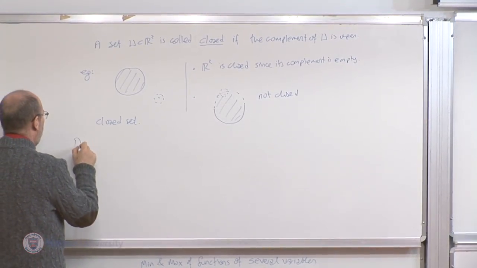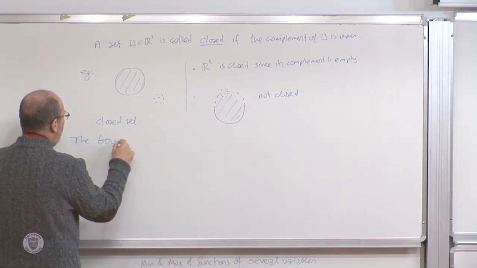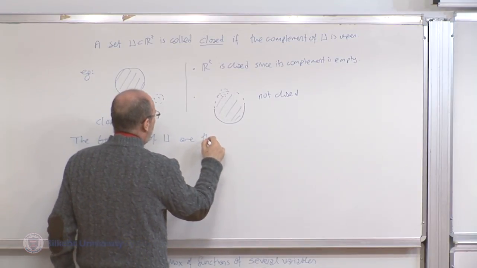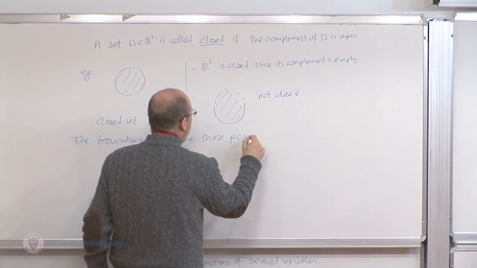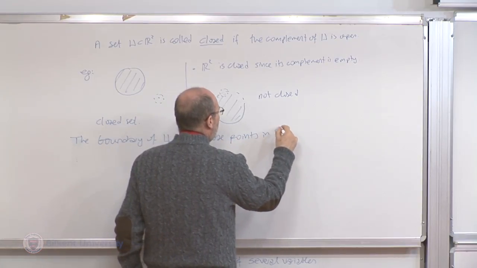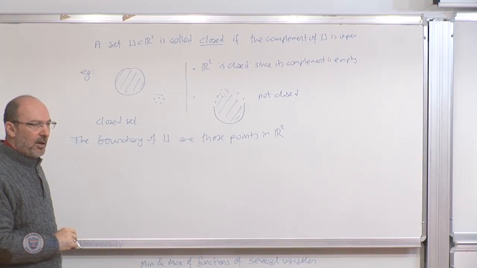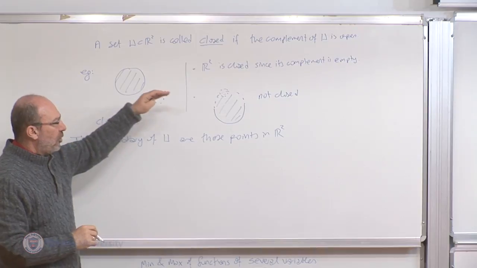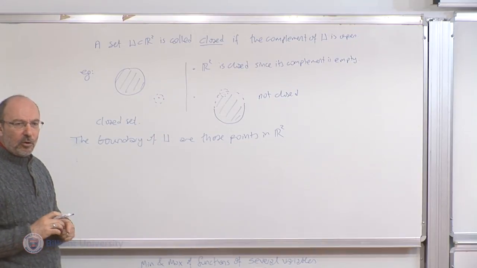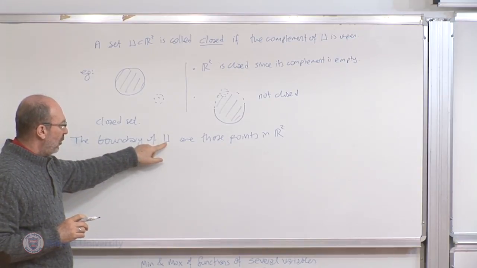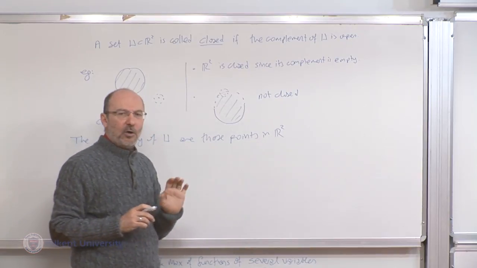So the boundary of U are those points in R2. This is probably the only tricky thing in defining the boundary, because for closedness or for openness, we looked at the properties of the points in U or in U complement. But now I'm trying to understand something about U. All the points in R2 are candidates.